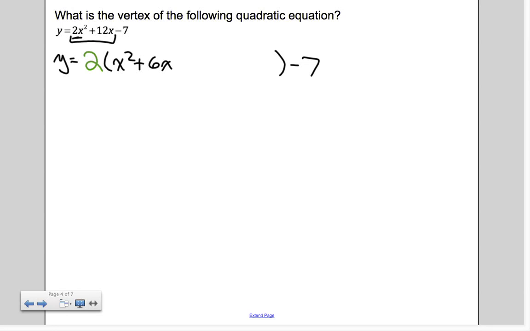We didn't factor out 2 out of it. So the question now is, what we have in the brackets, what can I do to make that a perfect square? How can I make this a perfect square?